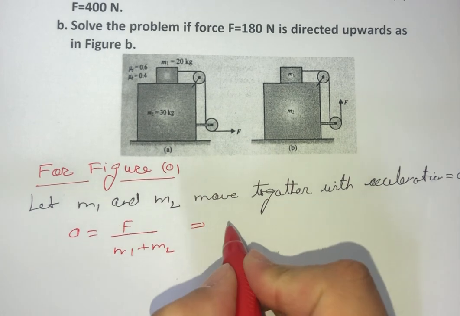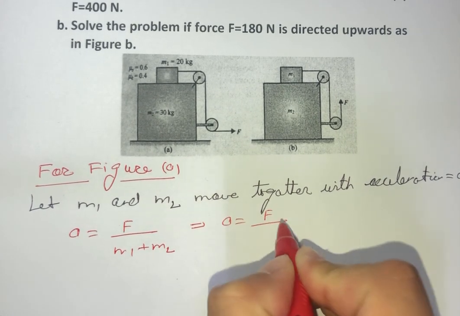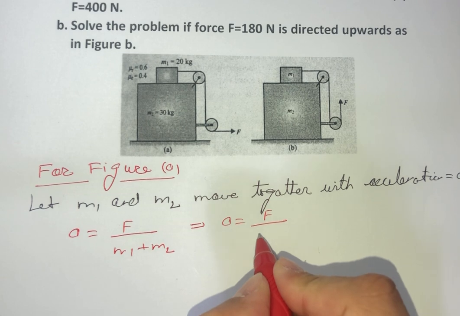From here, the acceleration A is equal to F upon 20 plus 30, that is 50.